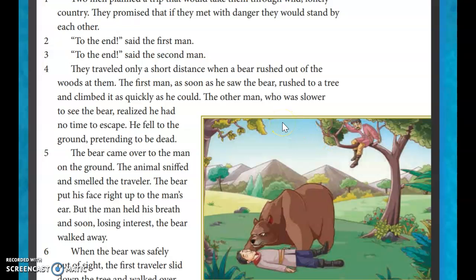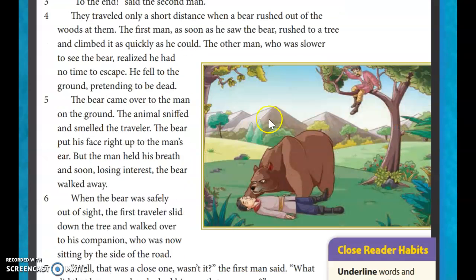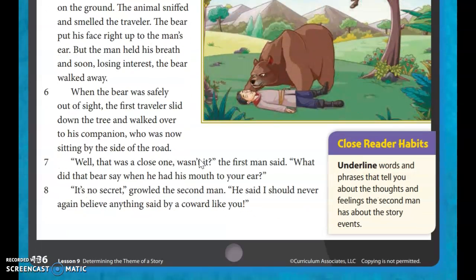The bear came over to the man on the ground. The animal sniffed and smelled the traveler. The bear put his face right up to the man's ear, but the man held his breath, and soon, losing interest, the bear walked away. When the bear was safely out of sight, the first traveler slid down the tree and walked over to his companion, who was now sitting by the side of the road.